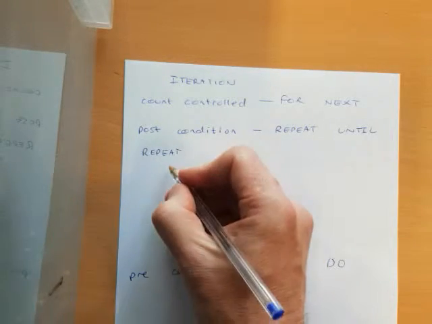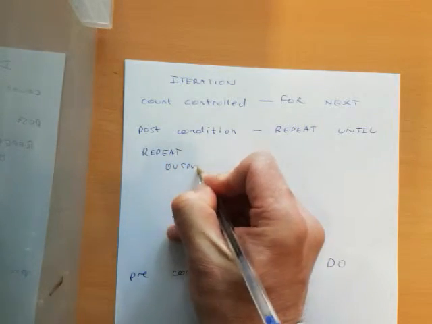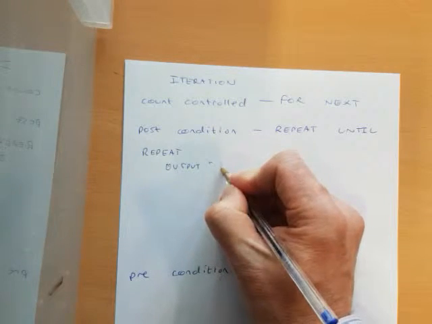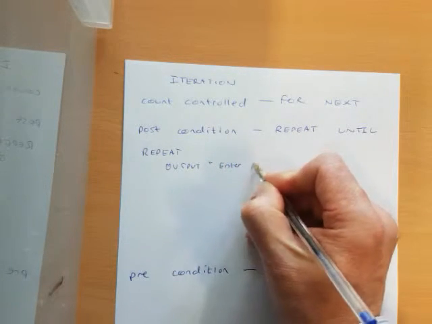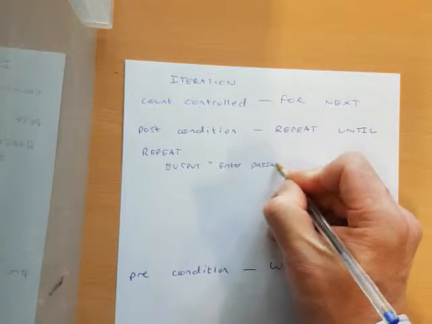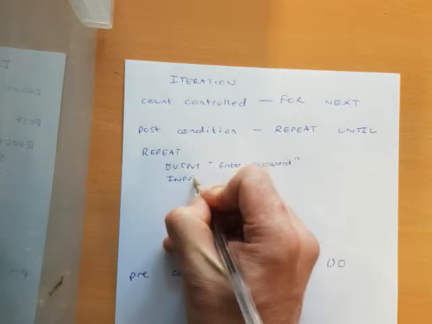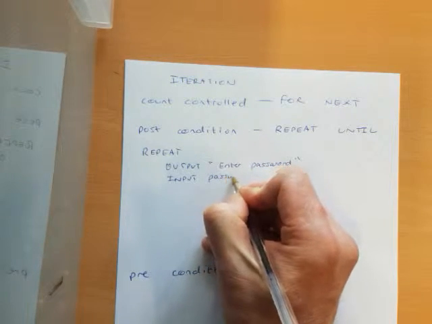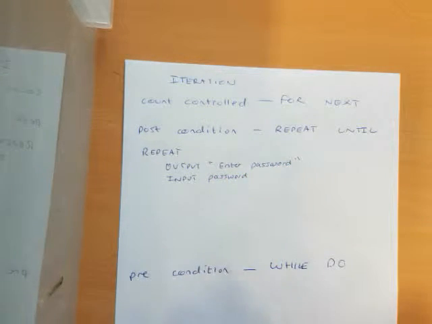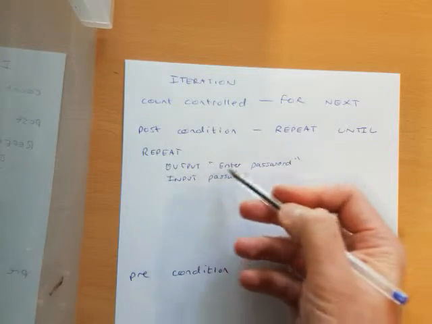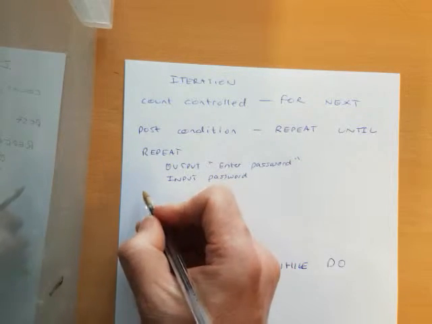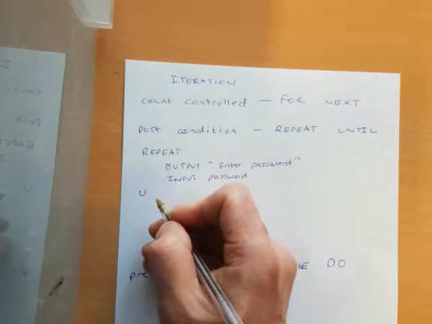So we'll go with output, enter password, and we'll input password. Okay, and so these are the statements within the loop, and here's our what we call exit condition here.